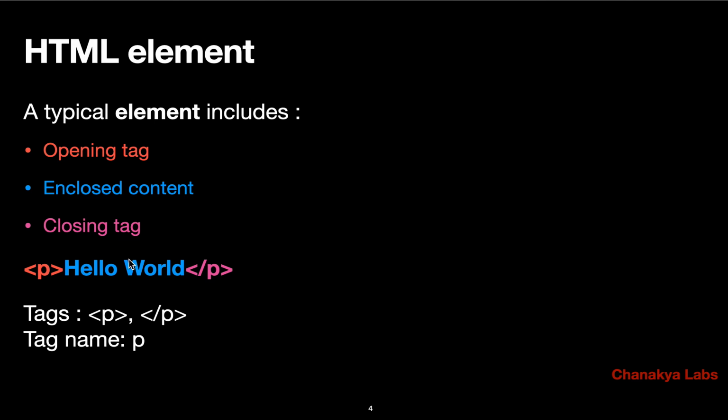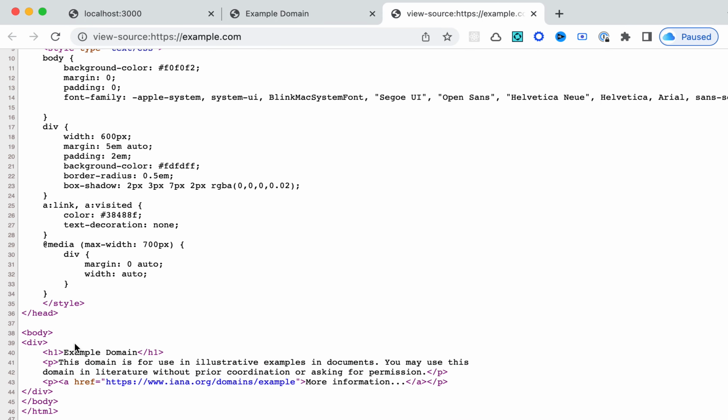Later we will see that this enclosed content can be text content, or it can be other nested elements also. So for example here we will see that this is the starting div. Div is short for division, so like p is for paragraph, div is for division. We'll look at it later, but the point is that this is a starting tag and this is an ending tag.